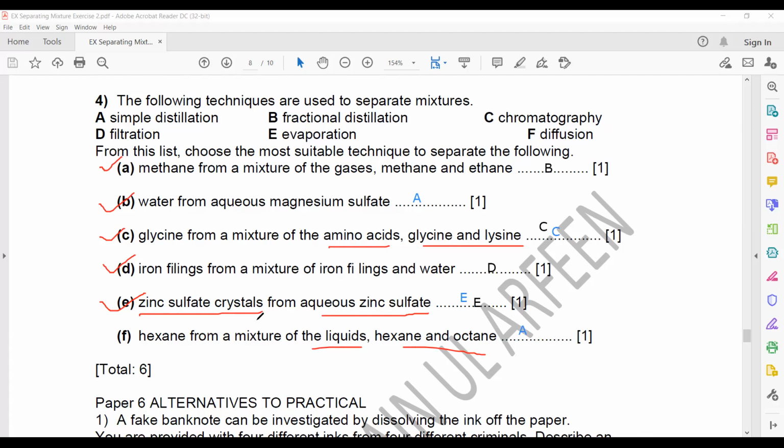Simple distillation is used to separate a liquid from the mixture, but we have two miscible liquids. So when two miscible liquids are there, on the basis of the boiling point, we use fractional distillation. Is it clear?